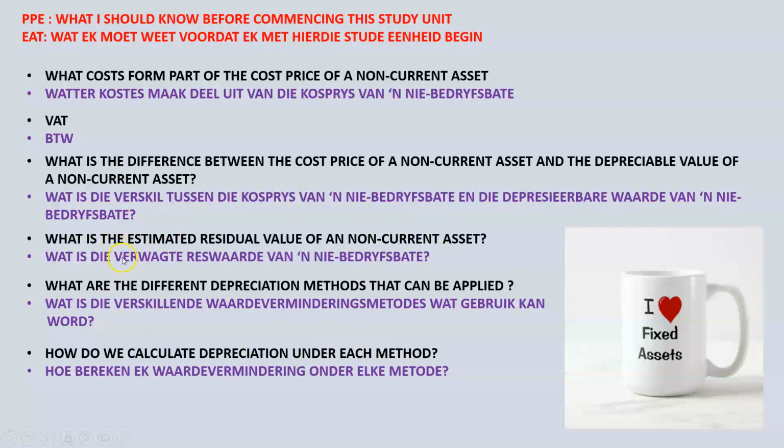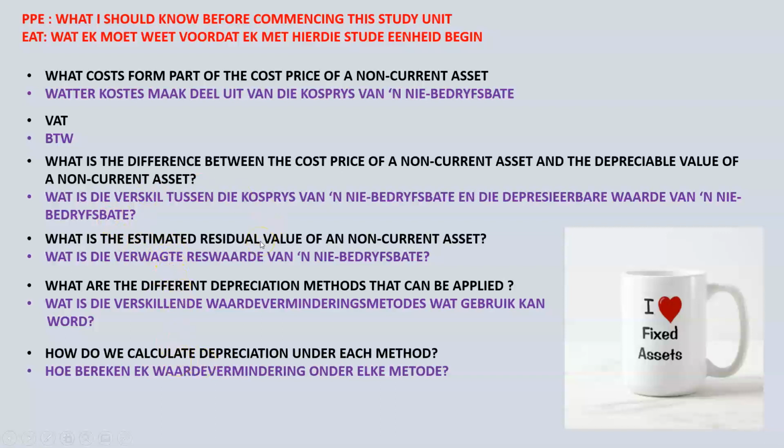If I'm using the production unit method, again I'm going to work on the depreciable value of the asset: the cost price of the asset less the estimated residual value of the asset, divided now by the total capacity of the asset.